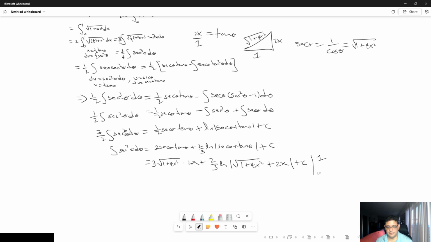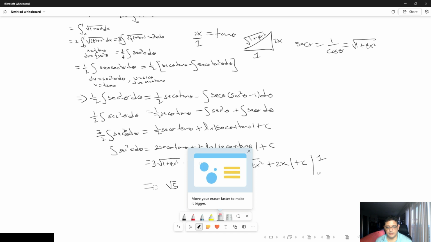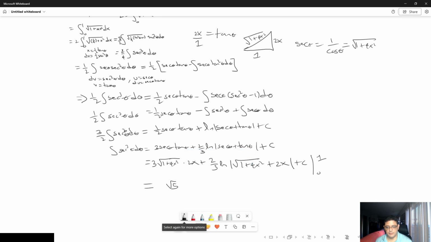So in this case, we have 3 square root of 5 times 2, so this is going to be 6 square root of 5 plus 2/3 of log of square root of 5 plus 2.